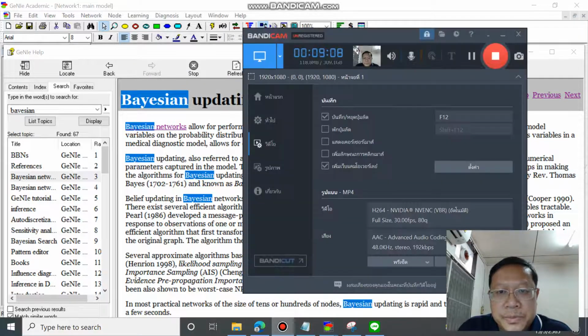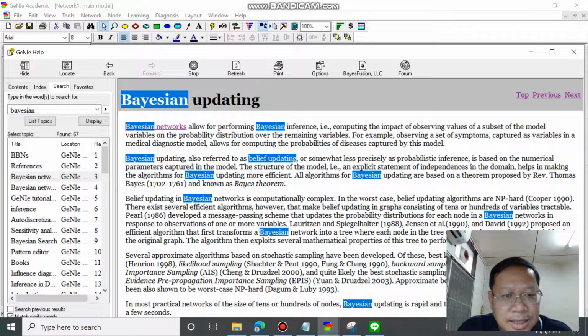So just read this part, Bayesian updating, to get more on the basic concepts of Bayes theorem and how to apply it. This is what we call Bayesian updating, or belief update. And we have so many algorithms for you to apply when you want to compute the BN model.